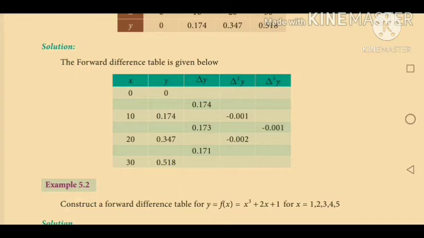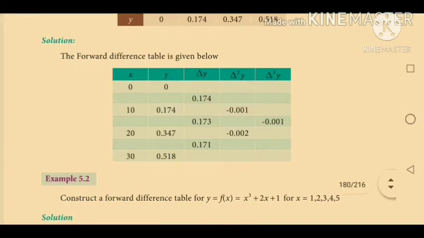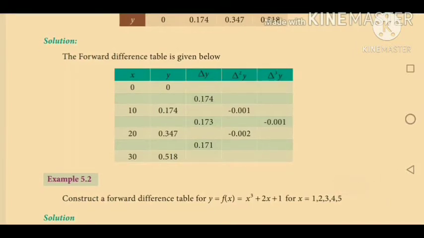Then 0.518 minus 0.347, we get 0.171. Then go to delta square y, that is the fourth column. The fourth column is found by using delta y, that is 0.173 minus 0.174 equal to minus 0.001. Then 0.171 minus 0.173, we get minus 0.002.